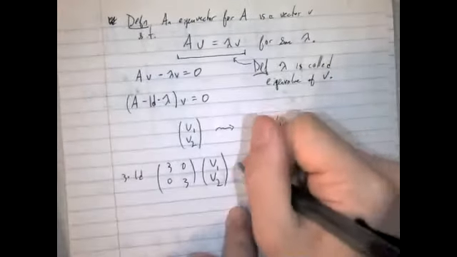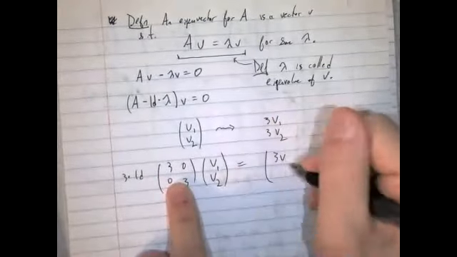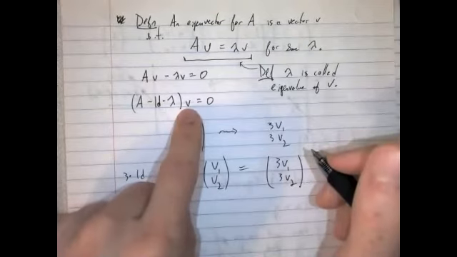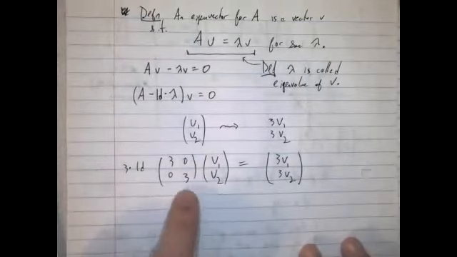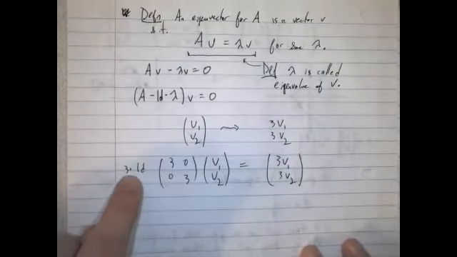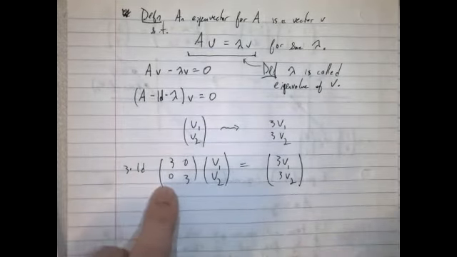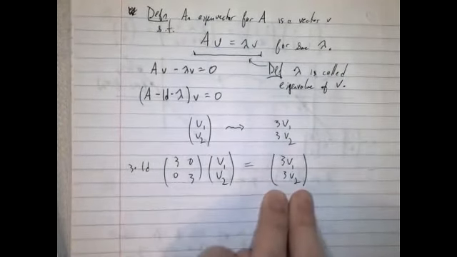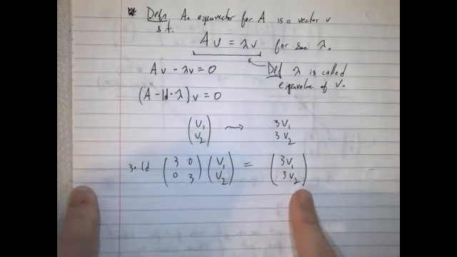This is going to be equal to 3v1 and 3v2. So multiplying a vector by a scalar can also be accomplished by matrix multiplication, where I take a number times the identity matrix, and then I matrix multiply, and I get 3v1, 3v2. Is this okay?